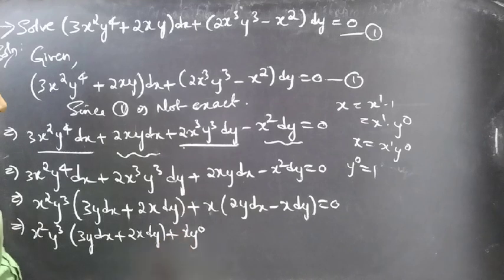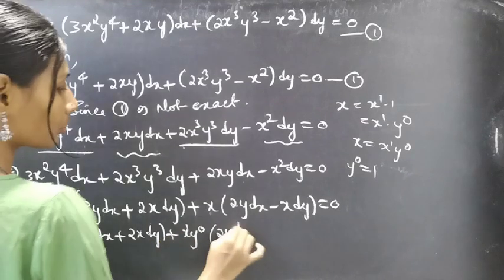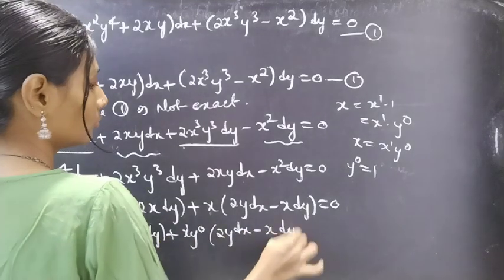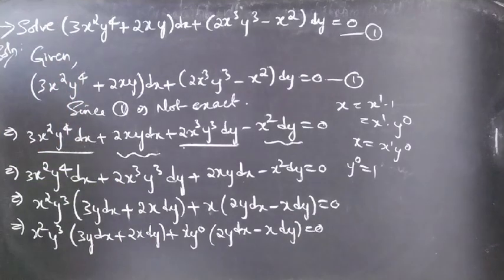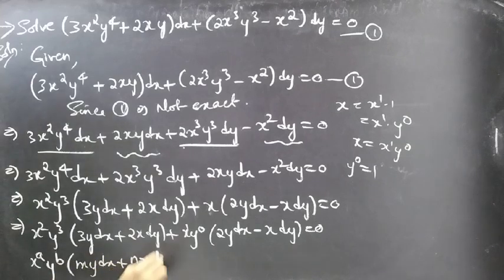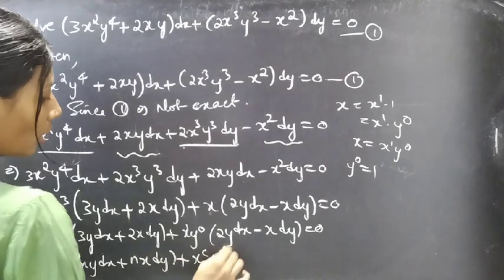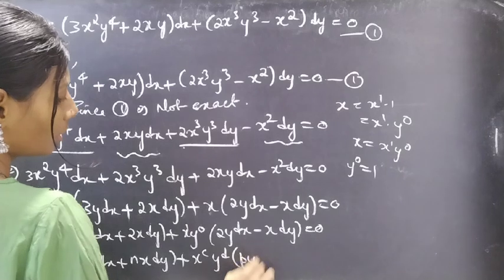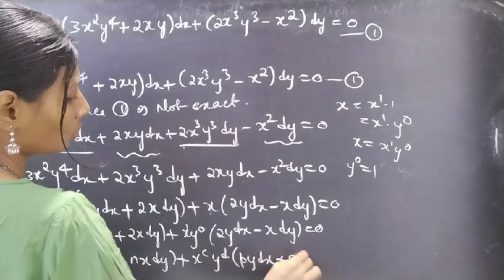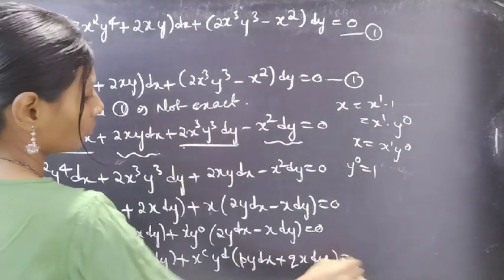Okay, this is of the form xᵃyᵇ (my dx + nx dy) + xᶜyᵈ (py dx + qx dy) = 0 form.